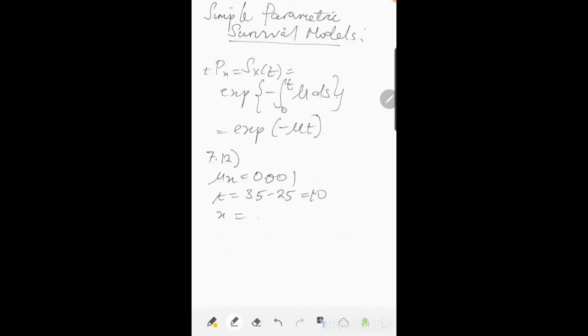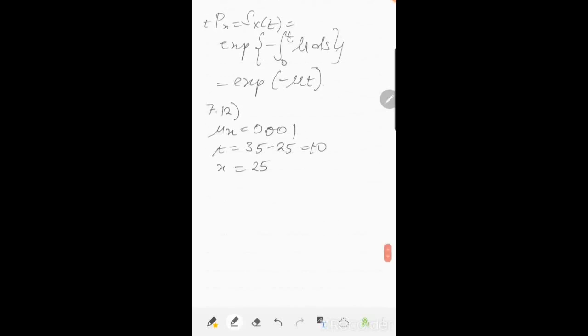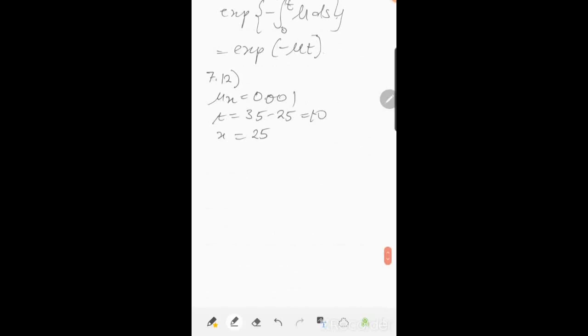And our x in this case is exactly age 25, who will survive to 35. If we're talking about surviving, we need to apply the survival formula. The survival formula is tPx is equal to the expectation of e to the negative integral from 0 to t of mu x plus s ds. So we just put what we're supposed to in the formula.